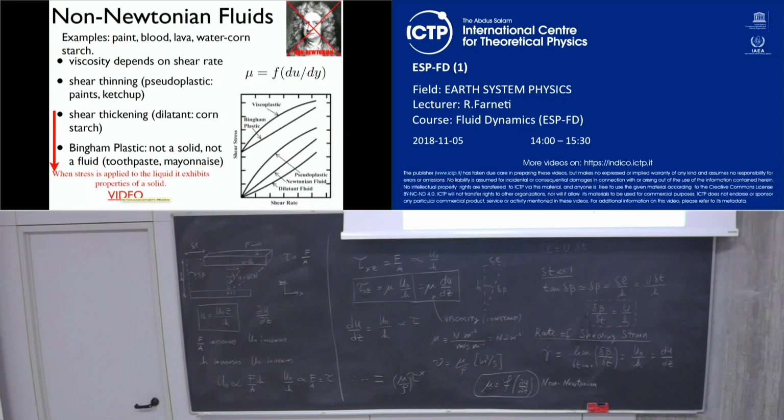In Japan, it happens. It's called liquefaction. When there are earthquakes, water comes up from the ground and the soil liquefies. So you change the viscosity and it becomes fluid.